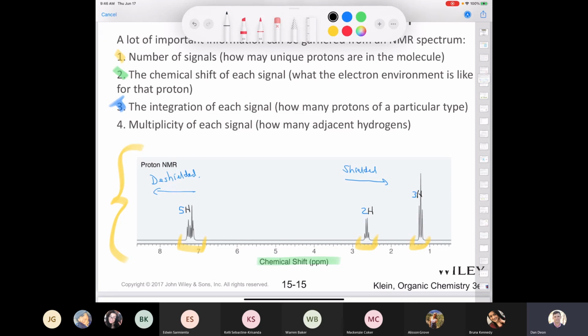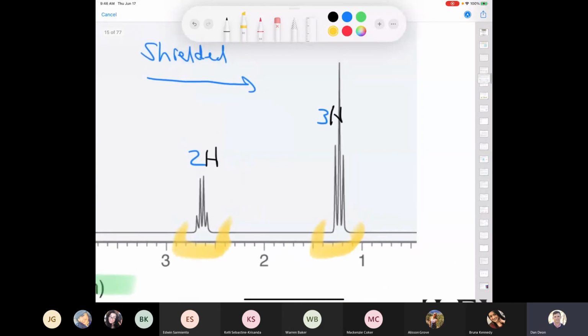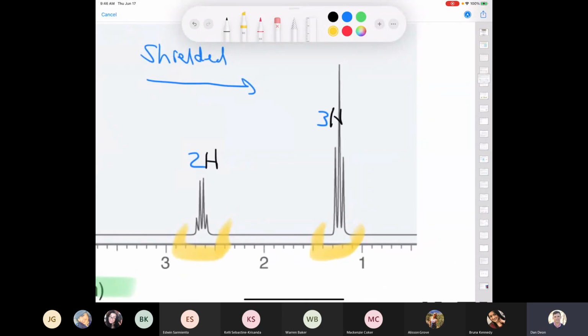Then it says multiplicity. So multiplicity tells us how many adjacent hydrogens we have. So on this peak that's the most shielded, this one here, you can see the chemical shift for this one is right around 1.2, let's say. So this is around 1.2 parts per million.